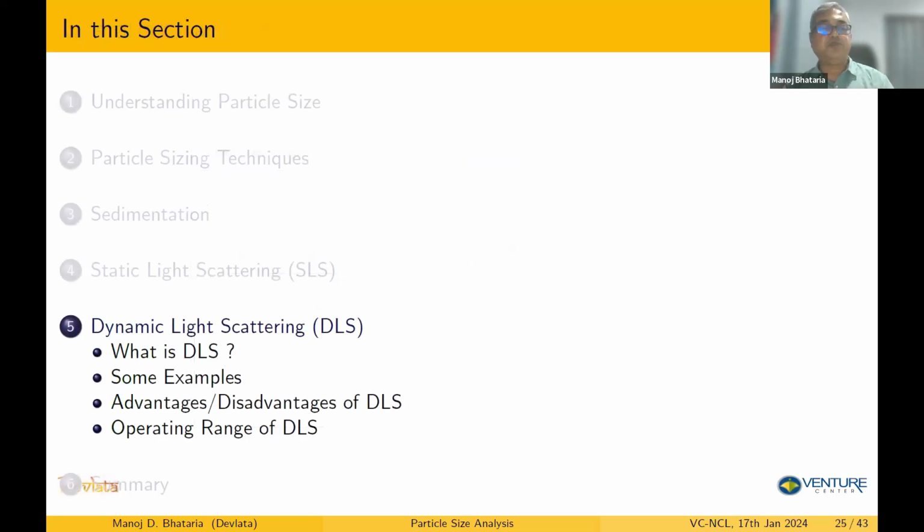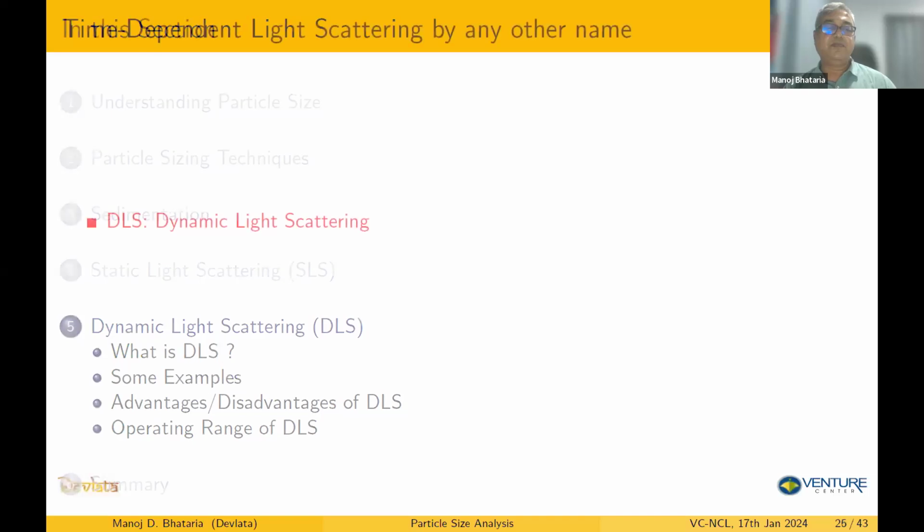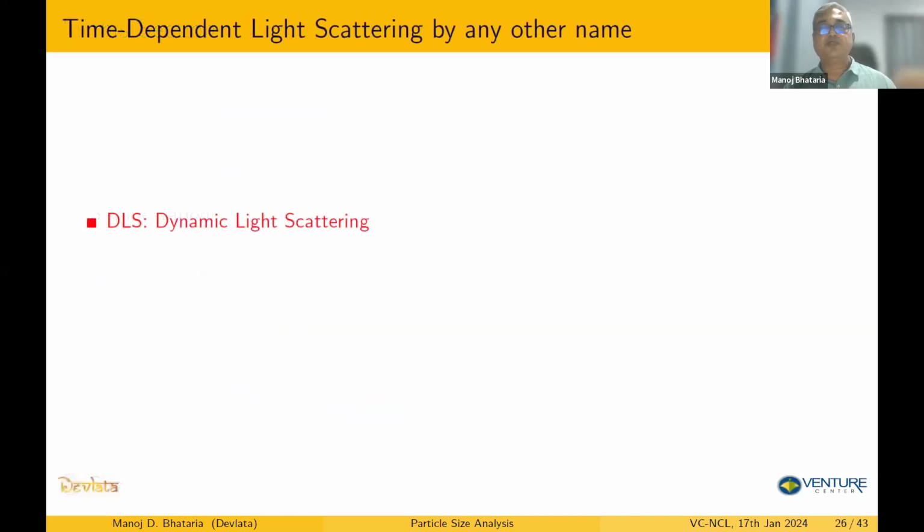Next, we come to the topic of dynamic light scattering. In dynamic light scattering, we'll see what DLS is, and we'll see some examples. Dynamic light scattering is known by multiple names. It is a kind of time-dependent light scattering.